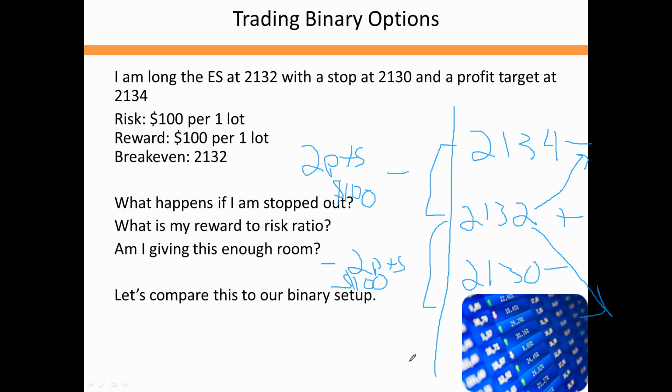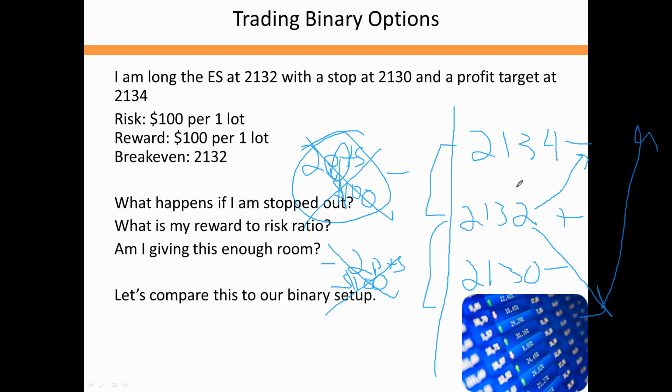Now let's say that what happens here is the market sells off below 21.30 after I enter my trade and then rallies back to 21.34. Well, I don't get this because I'm already out of the trade. I've been stopped out and I have no position on the rally back. So what the futures don't give me that the binary options do is the staying power against a move against me and then a rally back in my favor.